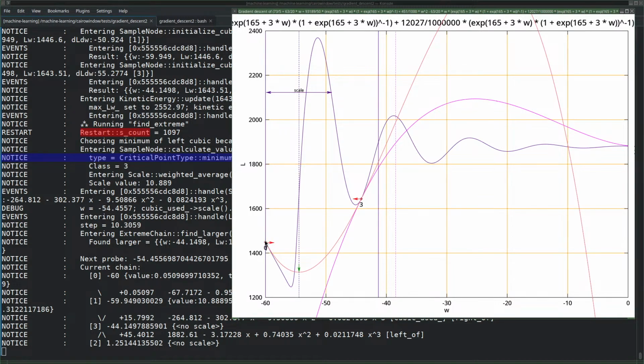You see this red curve? So it now thinks that this actual curve is looking like this curve. And it's all nice, but then by the time it finds it, it's forgot that again.